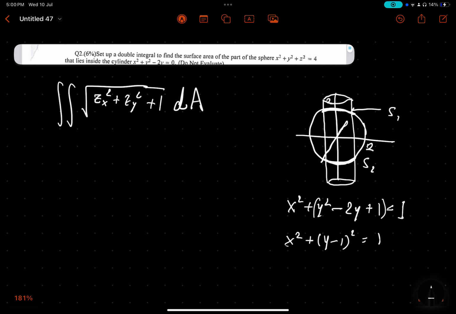So if we find this one, we can multiply it by 2 in order to find the total sum of surface areas. And so basically just find zx. Now let's find z. What is z?